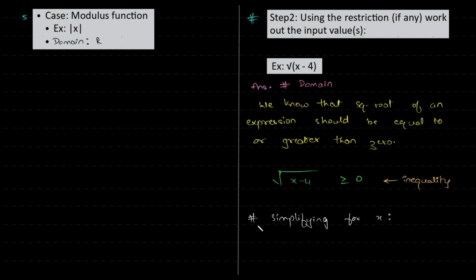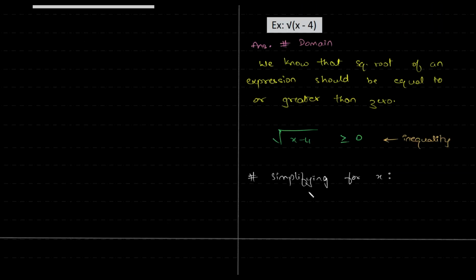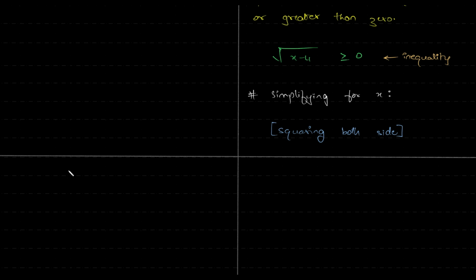Okay, so this can be step 2b, a continuation. Whenever you get a square root, how do you simplify this? We'll start off with squaring both sides. So we have x minus 4 greater than or equal to 0.